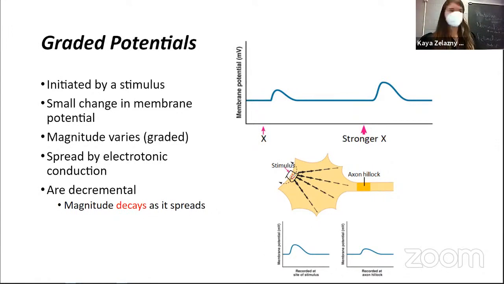So once we have this small change, this graded potential coming in, that change in charge, which is really just the concentration of ions, is going to spread out. But you'll notice about these arrows that they're getting smaller as we get farther away from our stimulus.